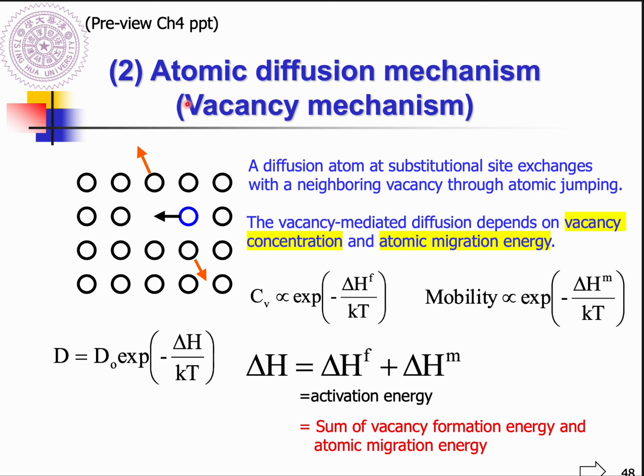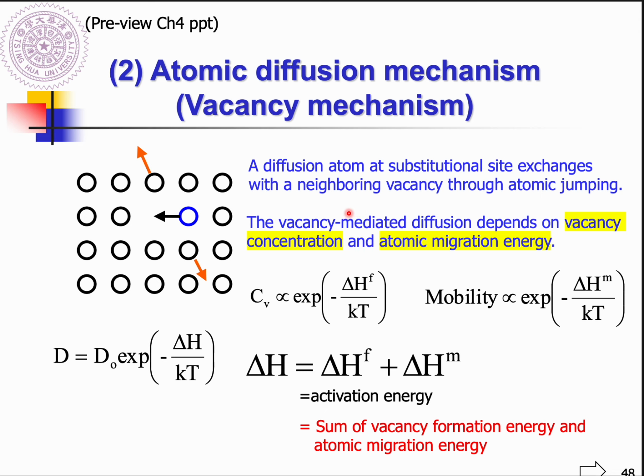when we talk about diffusion, atomic diffusion, there are actually four or five different types of diffusion mechanism. And one of them is the vacancy-mediated diffusion mechanism. The details will be introduced in chapter 4, but I'm going to give you a quick review.